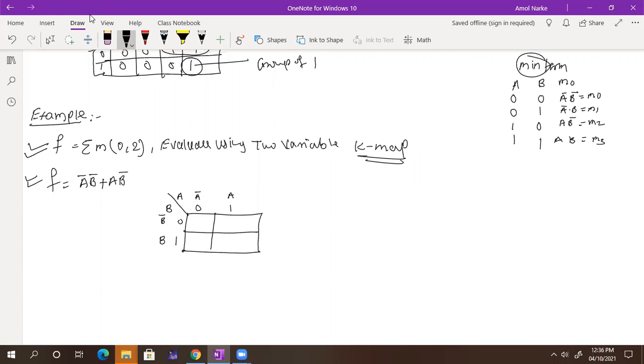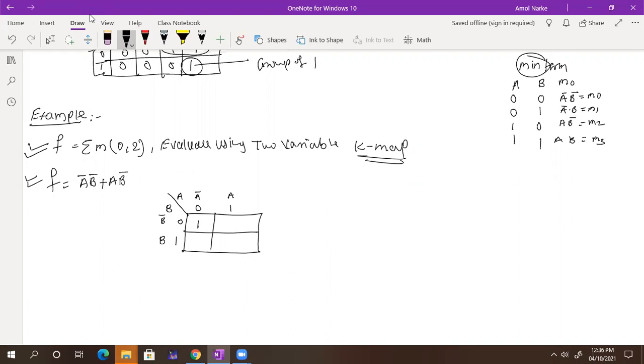Okay. Now what are the outputs? Tell me, what will come here? A complement, B complement. How is it 1? What is A complement? 0 complement is 1. And B complement is again 1. So 1 into 1 is 1.